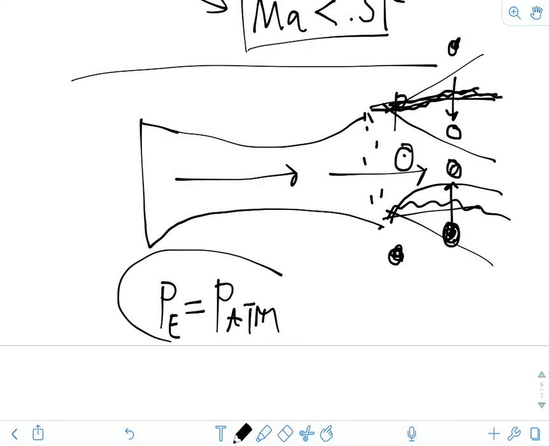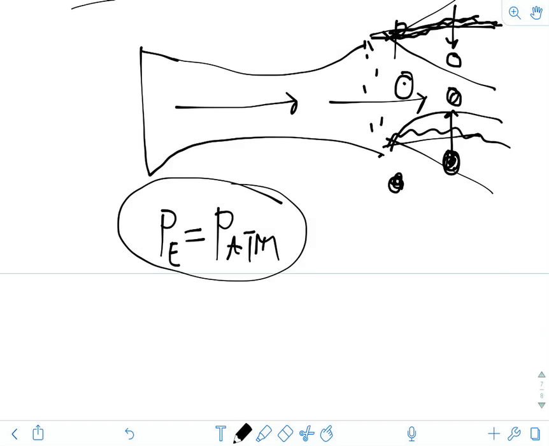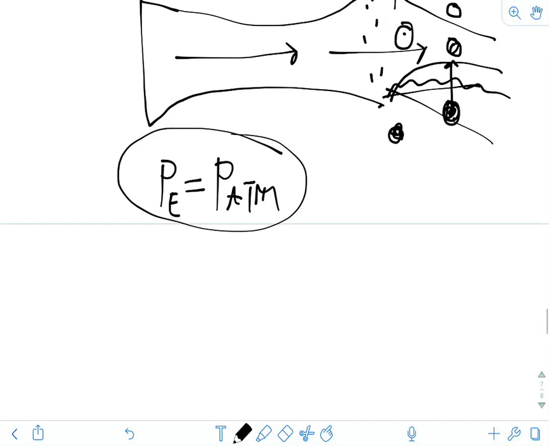So if you're not given the number, I always say it's safe to assume you at least start with atmospheric, unless something doesn't make sense or there's something else going on. That's one thing. It is a little bit non-intuitive, but it's important to think about. We'll analyze a jet engine in class where we'll see that it's not quite atmospheric, but it's pretty close.